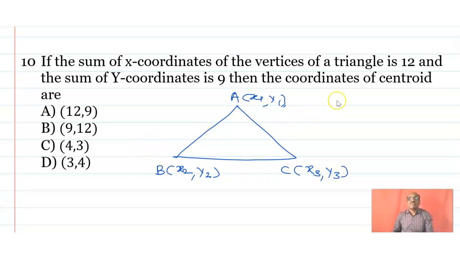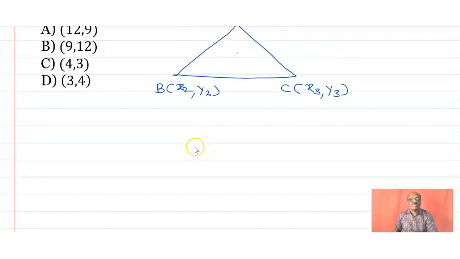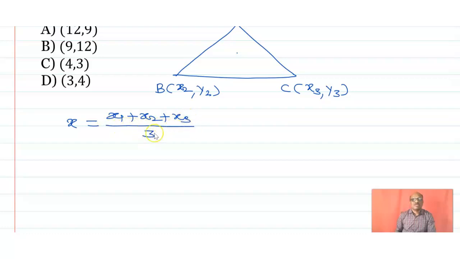Okay, sum of the x coordinate means what? We want to find out the centroid. Then here x is equals to x1 plus x2 plus x3 upon 3 and that is equals to 12 upon 3. That's 4.